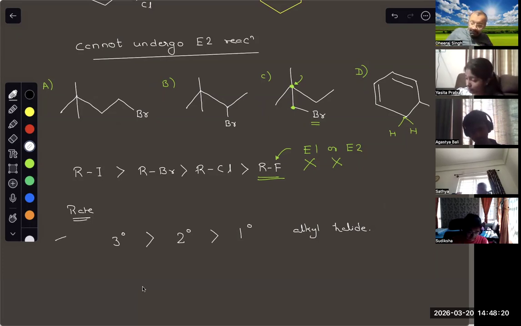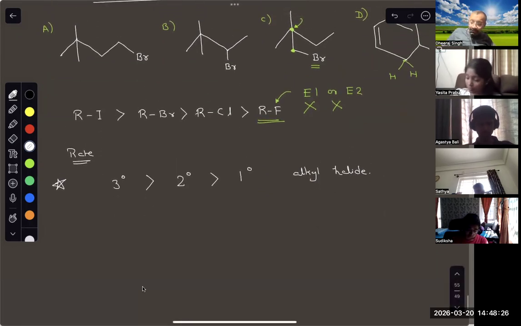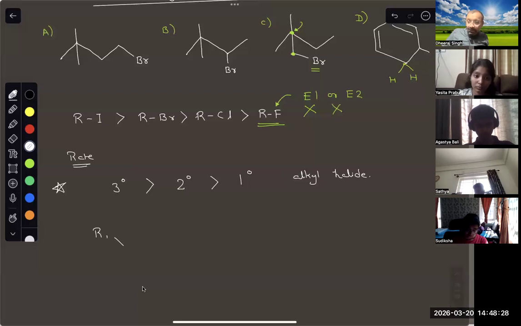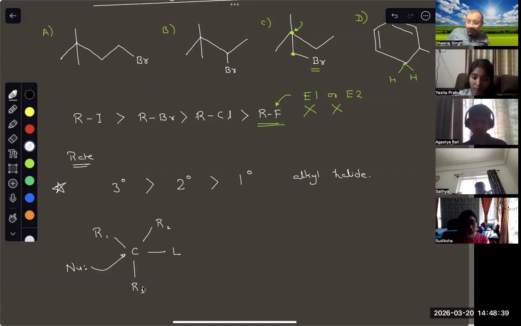This is a little counterintuitive, but if you understand clearly how substitution happens, this is R1, C, R2, this is the leaving group, this is R3. Nucleophile comes, attacks the carbon, and the leaving group leaves. But over here in elimination, what is going on is this.